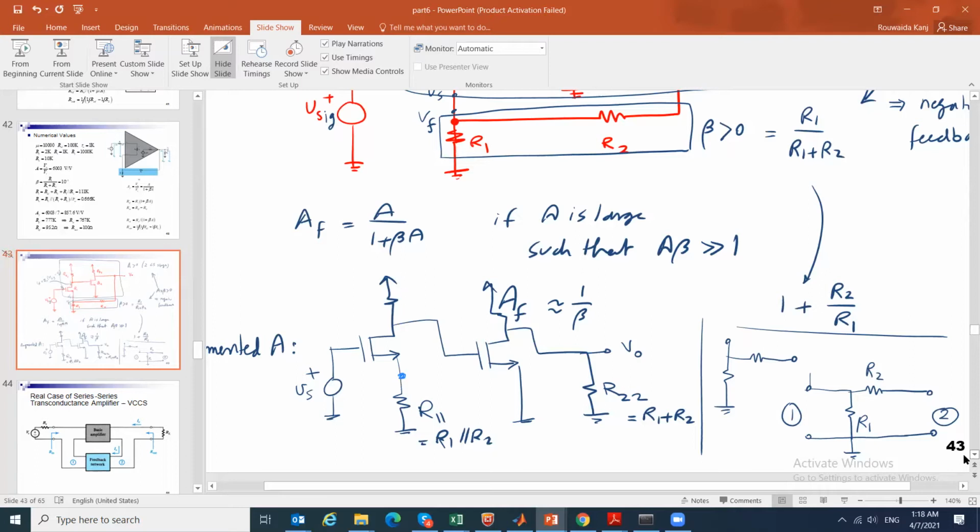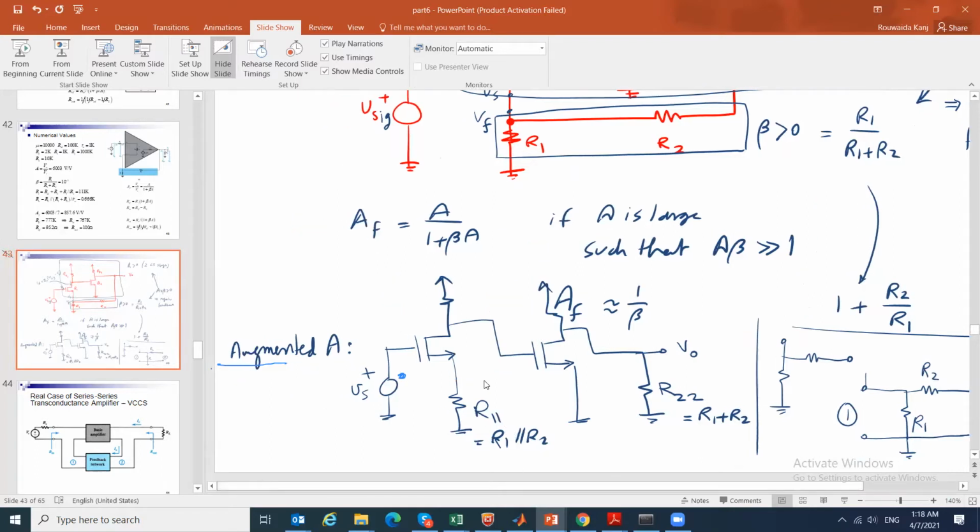Okay, so now the augmented A or the modified A circuit, we can call it augmented or modified A circuit, is going to be a common source with resistance, followed by a common source amplifier, which is loaded by the resistor. And we can calculate the gain from here to here as two-stage gain, that is VO over V1 times V1 over Vs.